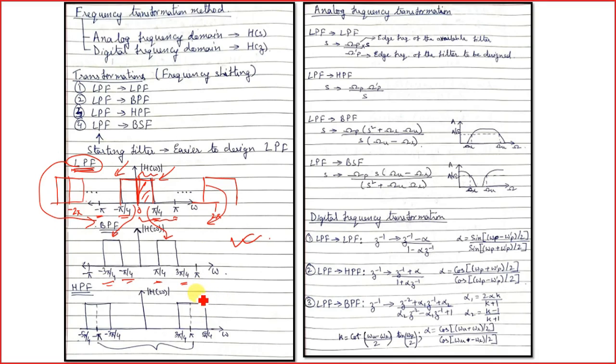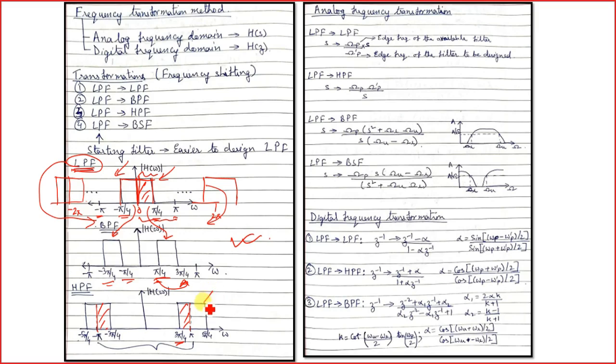Now similarly, if I further move these components and I get to the region where this pi by 4 comes out to 3 pi by 4, then I get a region of 3 pi by 4 to pi, and similarly in the negative region I will get minus 3 pi by 4 to minus pi.